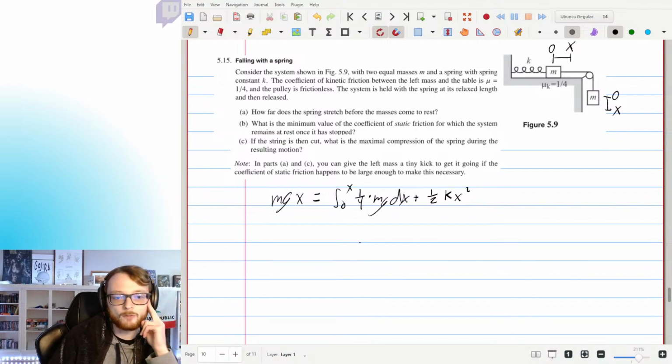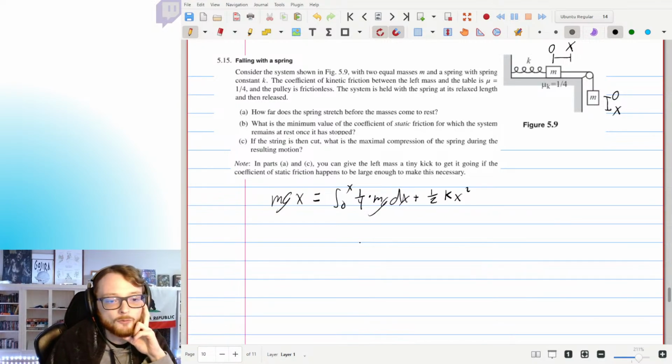And in theory, we solve this for x, I guess? See what answer we get.